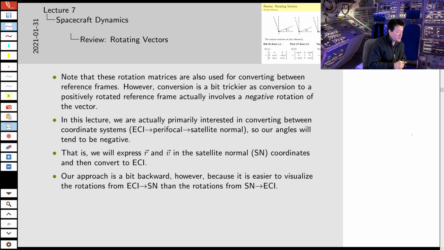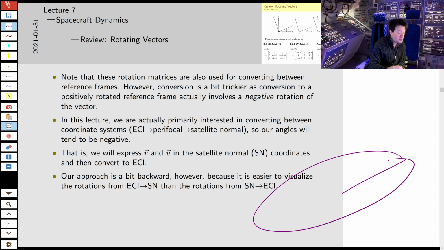So in this case, this problem is tricky. So what are we doing? We're finding the position and velocity vectors in the perifocal, or actually satellite normal, coordinate systems. It's easy to find position and velocity in the perifocal coordinate system, or the satellite normal slash PQW reference frame.